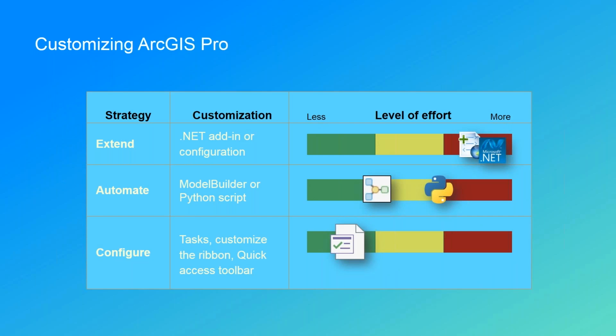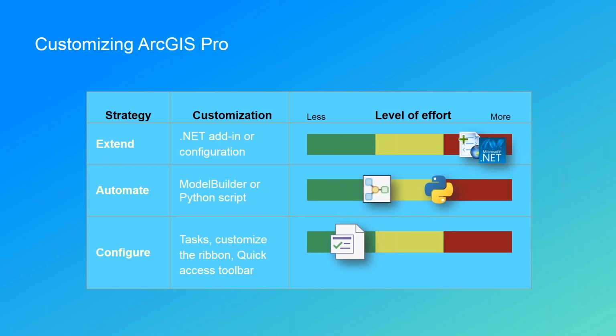When customizing ArcGIS Pro, there are really three different strategies to go about it, and they go from the most simple to the most complex, where you might be just doing some configuring by creating tasks or customizing the ribbon or adding some commands up to the quick access toolbar. From there, you might get a little bit more detailed and build a model of a workflow.